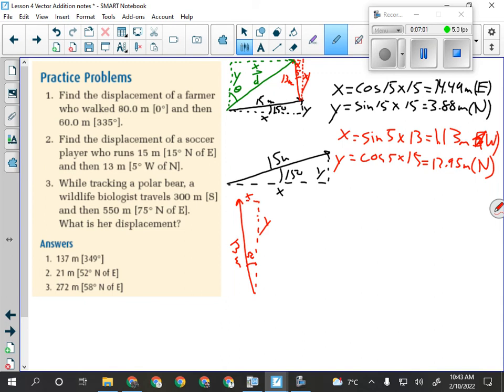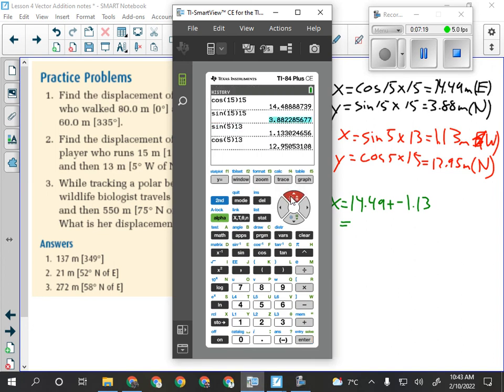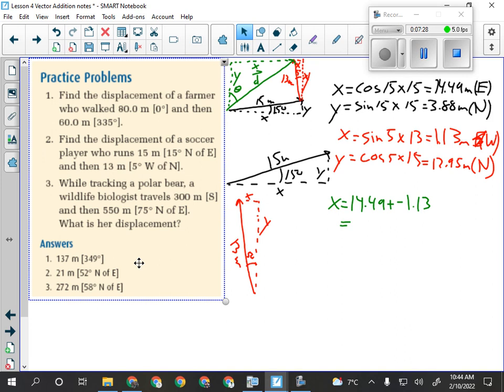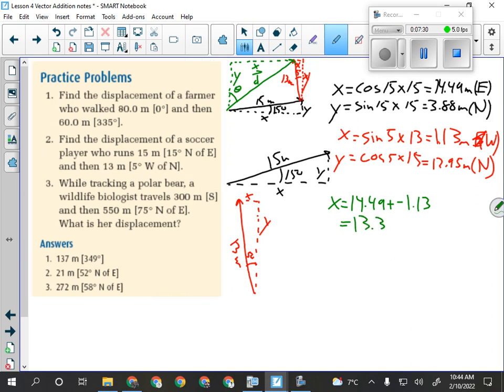Yeah? Okay. So to get green x, I'm going to add 14.49 plus negative 1.13 because that one's west, right? The 1.13 is west. Okay, so we're looking at 13.36 meters east.